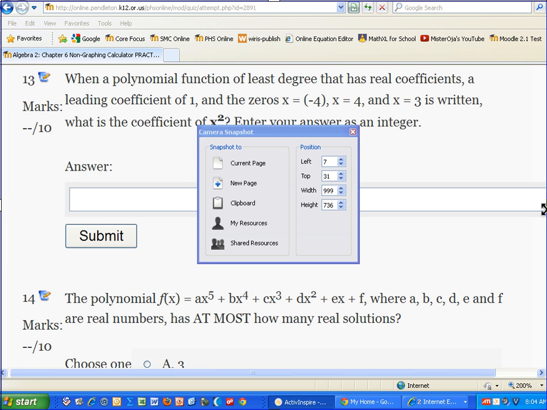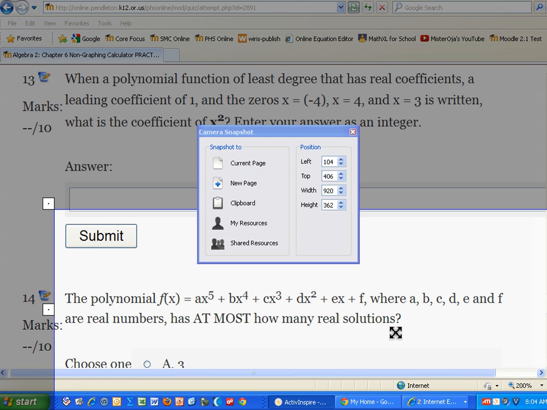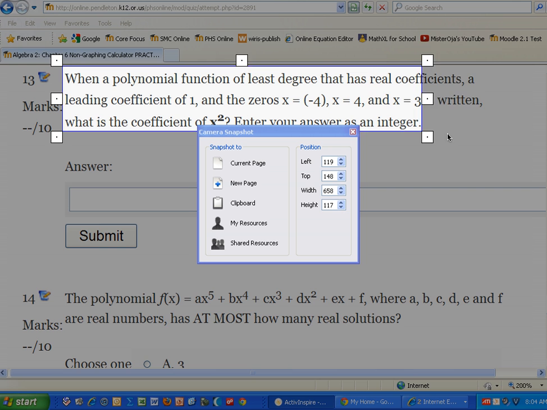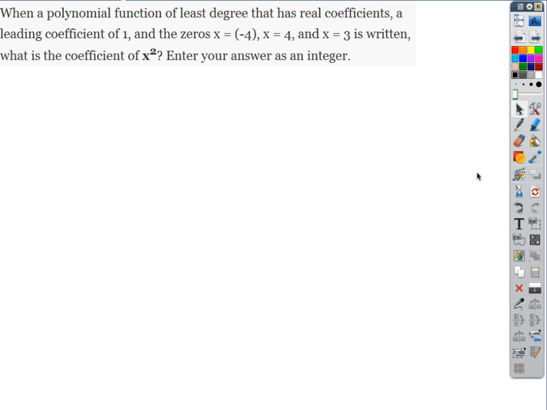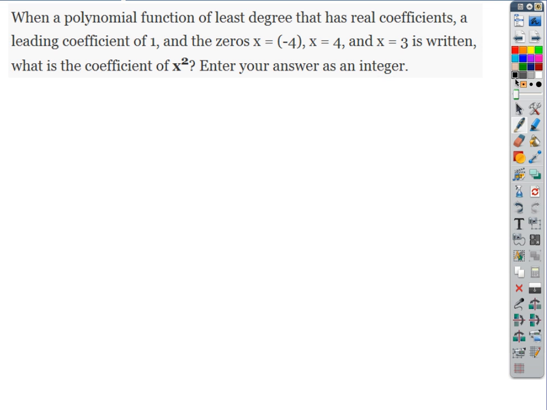So how's that work then? Remind us, somebody, how we do that. Okay, if these are the zeros, how do we turn those into factors?